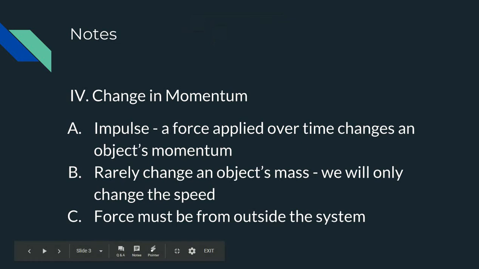Remember first, in this unit, impulse is a force applied over time and it changes an object's motion, momentum. It hardly ever is going to change an object's mass. For our purposes, impulses are only going to change the speed. And force has to be from outside the system. I'm going to move to the next slide, but if you need to finish taking these notes, please pause the video at this point.